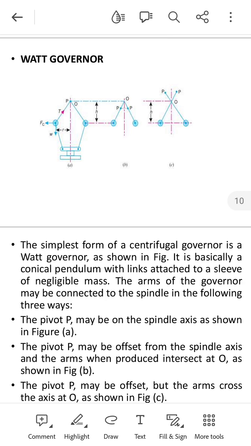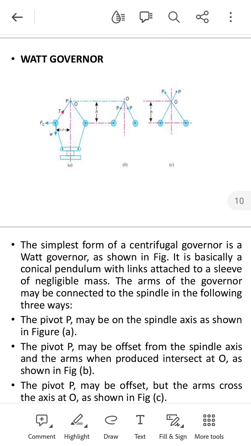The arms of the governor may be connected to the spindle in the following three ways. The pivot P may be on the spindle axis, shown in figure A. Second, the pivot P may be offset from the spindle axis and the arms when produced intersect at O, as shown in figure B.